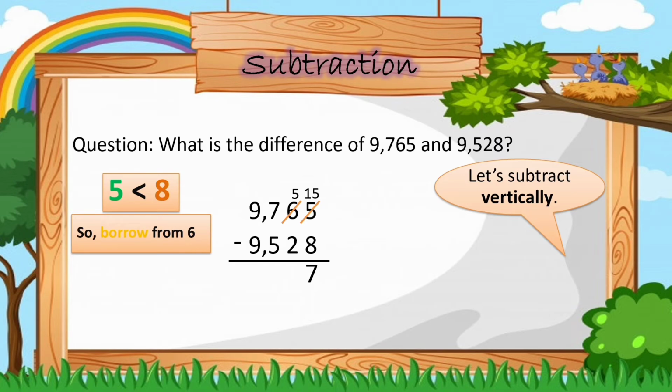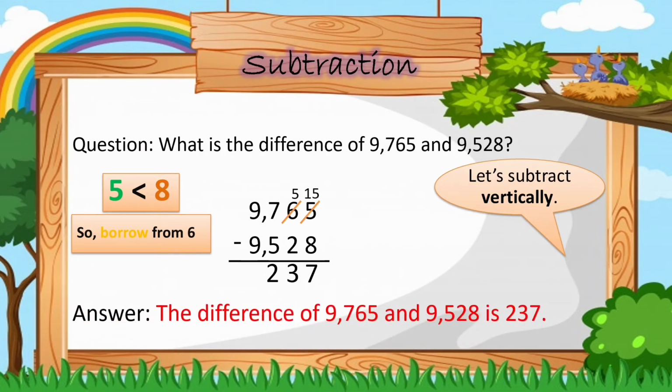The answer is 7. 5 minus 2, 3. 7 minus 5, 2. 9 minus 9, 0. If the 0 is before the non-zero numbers, then you don't need to write the 0. It has no value, unless it's in between non-zero numbers.